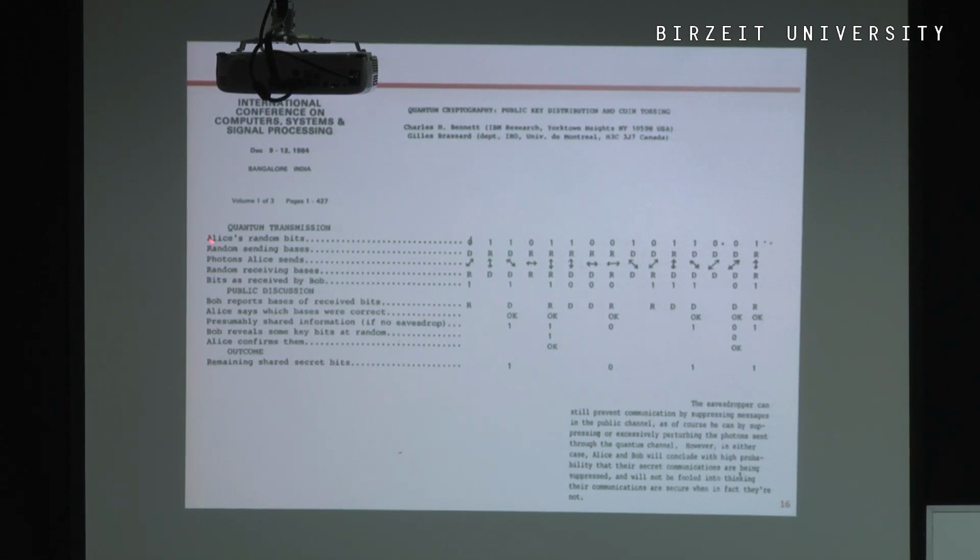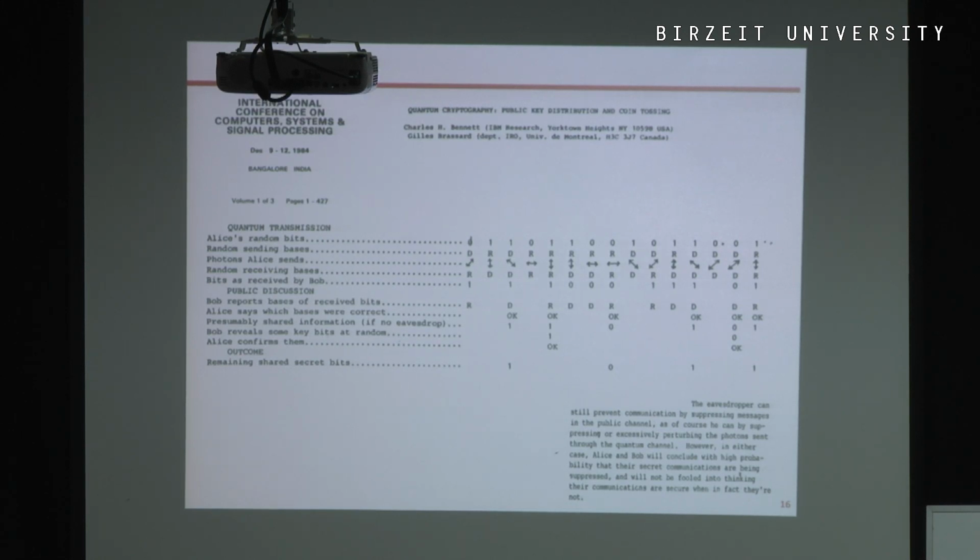So what Alice does, Alice decides on some quantum bits, and these are zeros and ones. I think we all know that information is zeros and ones. These random bits are then coded in either of two polarization bases. I should add that it's the polarization state of the photon that carries information.